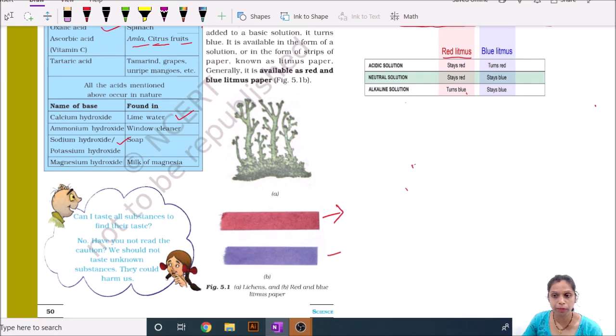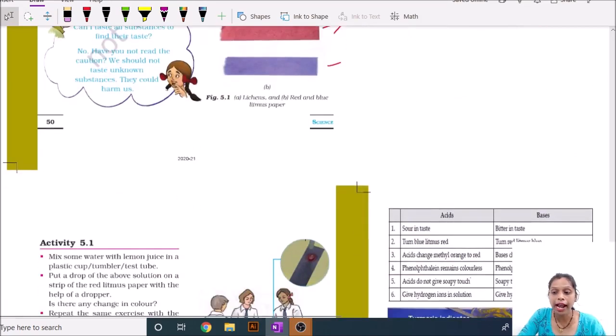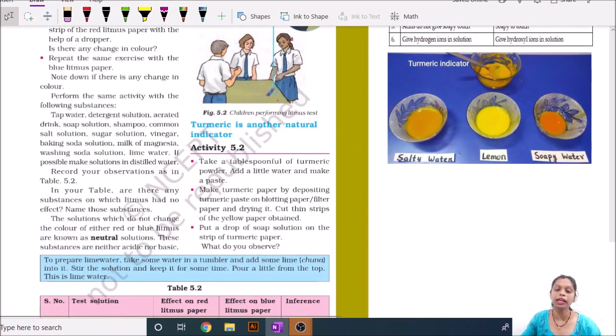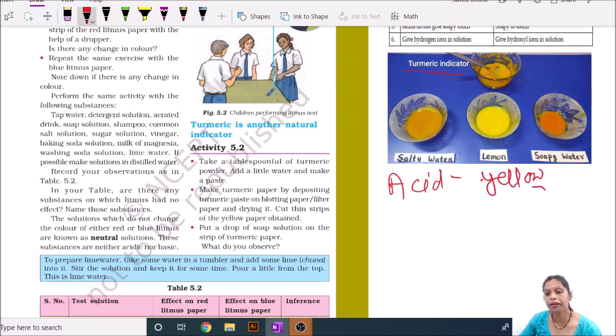Okay. Now we are discussing a different type of indicator here, and the second one is turmeric. It is clear from this picture that when you put a turmeric indicator into acid, its color is converted into yellow.